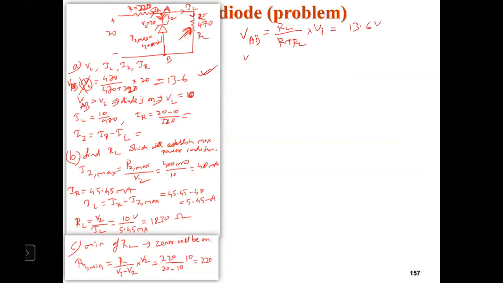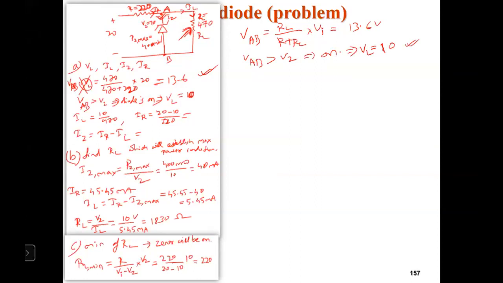Obviously VAB is greater than VZ, which is given as 10. Greater than VZ implies the diode is on, which implies VL will be equal to 10. Remember? Yes, sir. The applied voltage is greater than VZ, so VL equals 10.